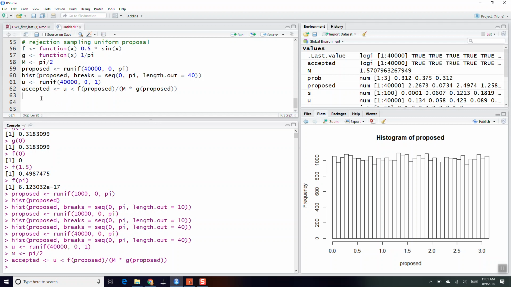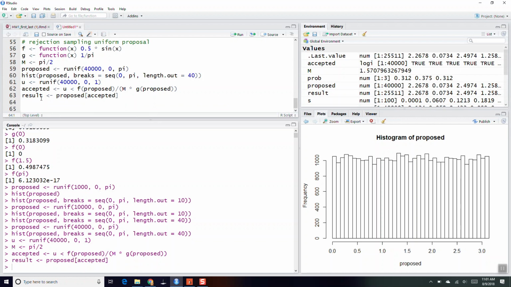And then our result will be our proposed values, but we subset only those that have been accepted. All right, and let's take a look at the resulting histogram here.